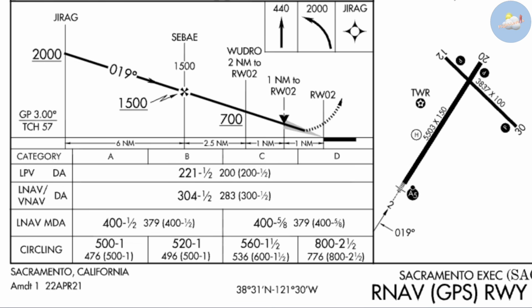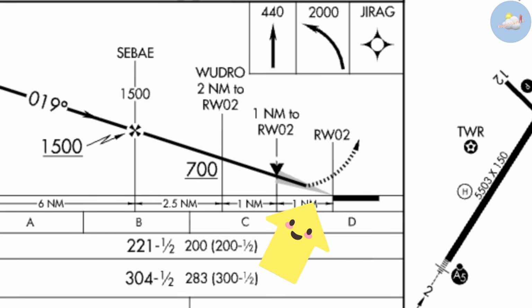We also have, if we follow the approach closer to the runway, this light shaded gray arrow going all the way down to the runway threshold.